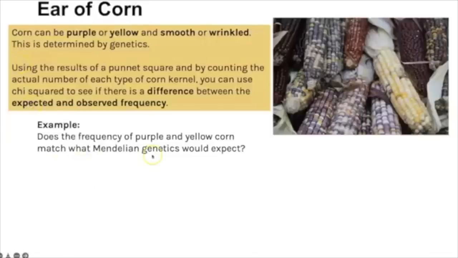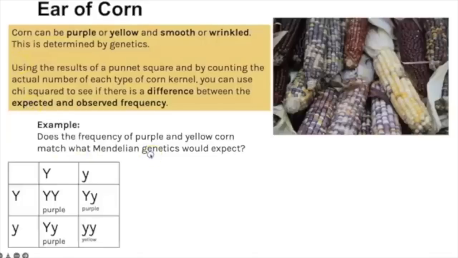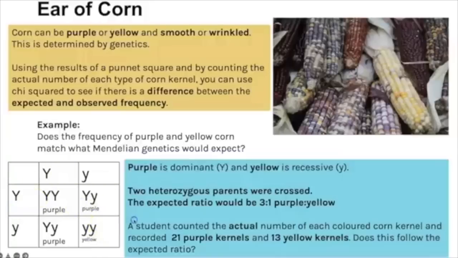So does the frequency of the purple and yellow corn match the Mendelian genetics you would expect, which basically means the expected value you get from a Punnett square. So purple is dominant, yellow is recessive. And we've got this particular cross from 2 parents, and we would expect from this that we would get a 3 to 1 ratio of purple to yellow.